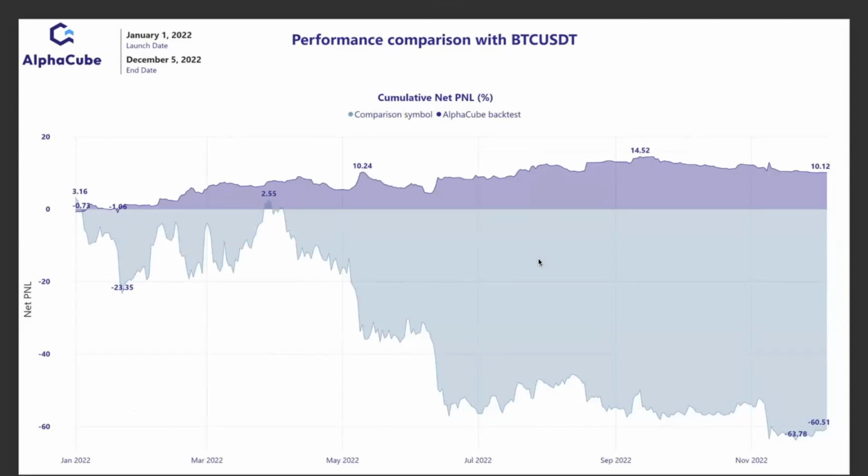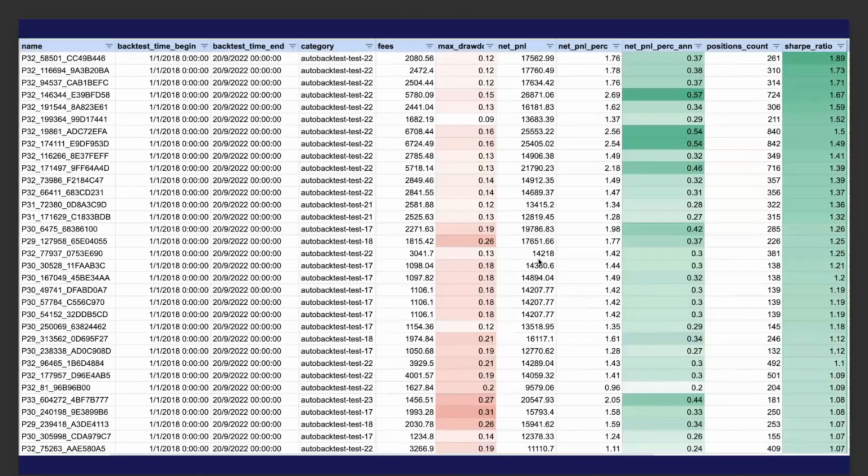But as a result, we have this portfolio, and even this year, it gave pretty good results in comparison with the market crash and market movement down.